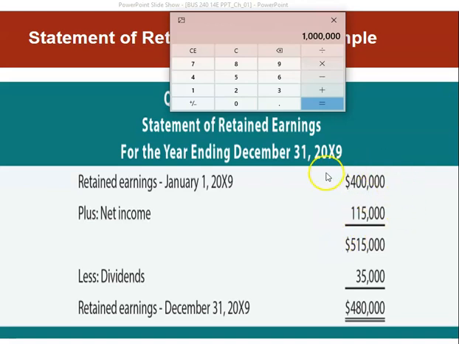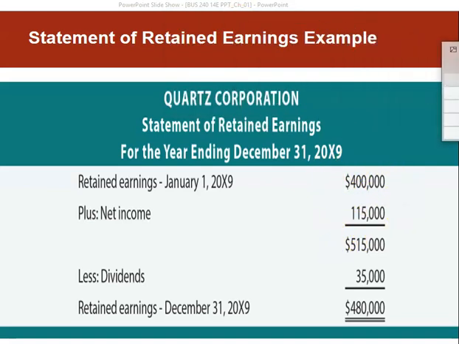So this $400,000 is our starting point. And then net income for the 2019 year is $115,000. So we take beginning retained earnings and we add the net income and we come up with $515,000. But wait, the owners this year also want to receive some dividends. So we're going to subtract out the dividends paid in 2019.